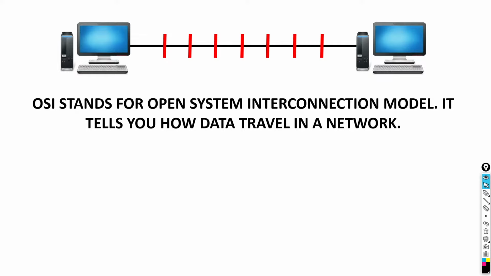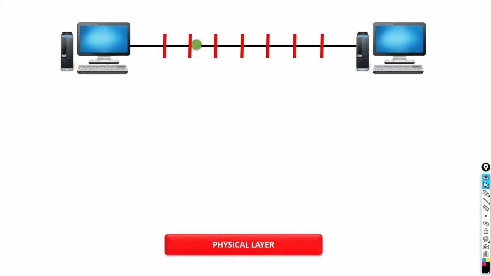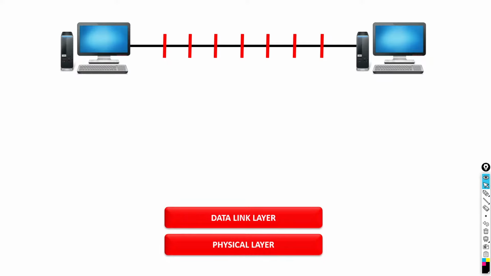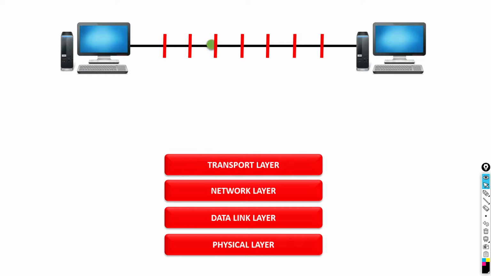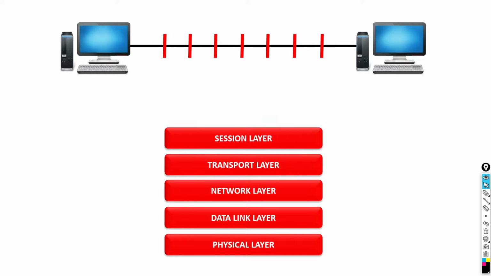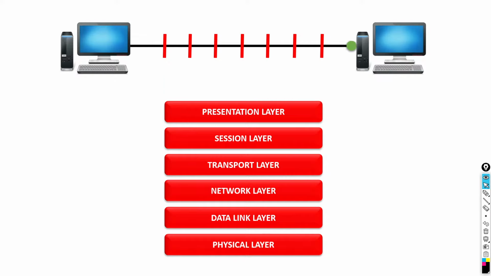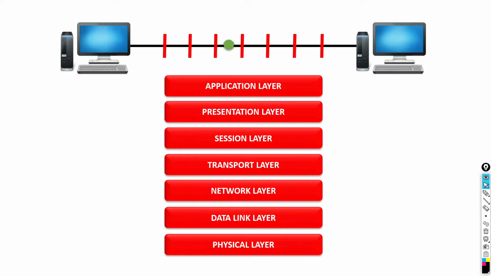OSI model has 7 layers. It is physical layer, data link layer, network layer, transport layer, session layer, presentation layer and application layer.